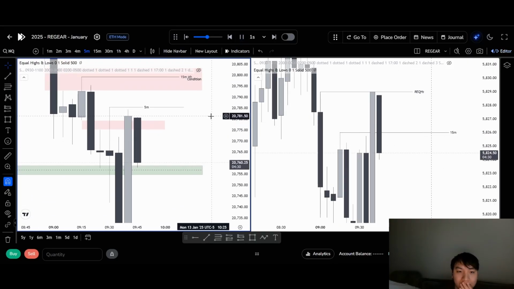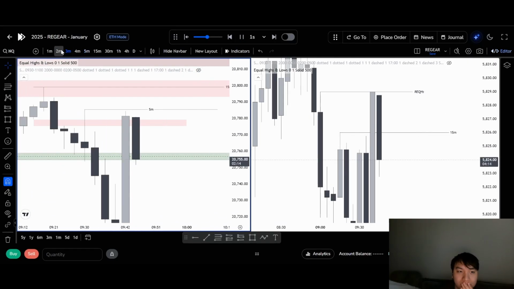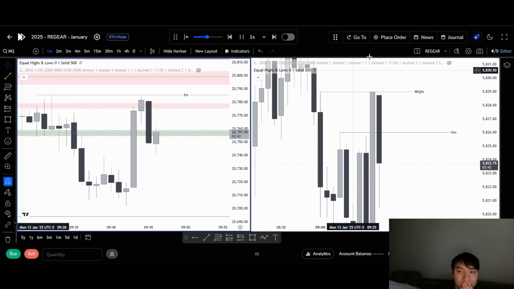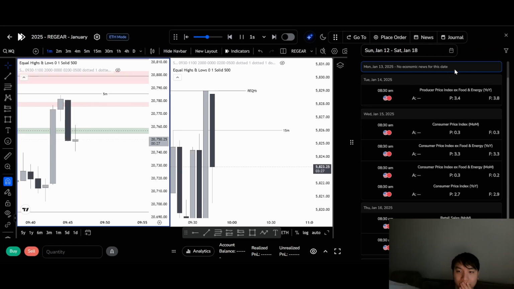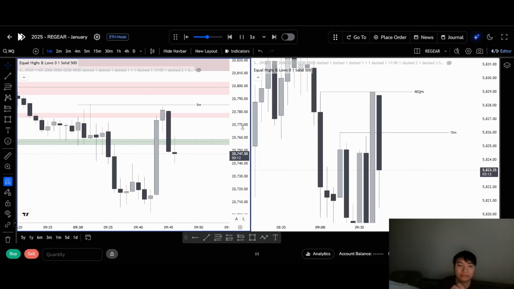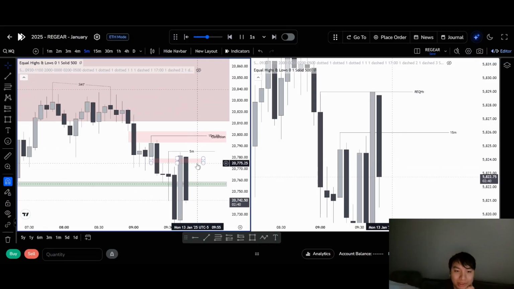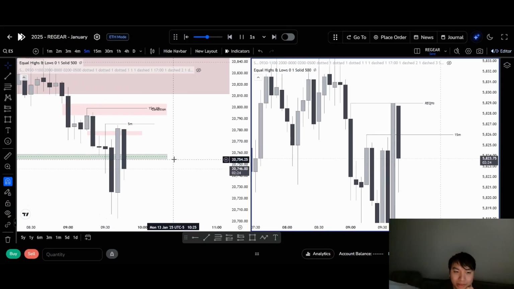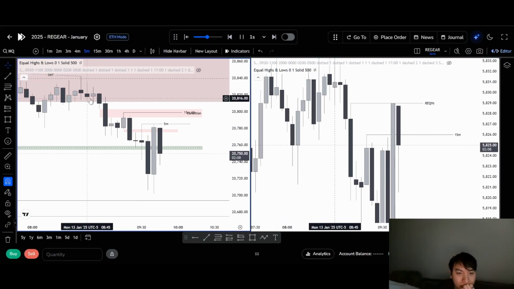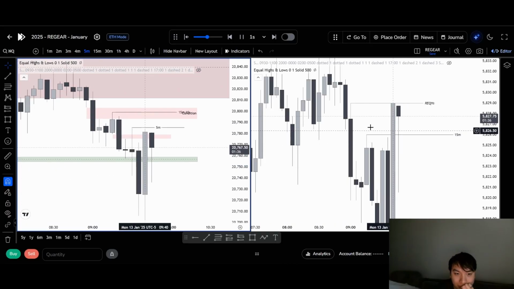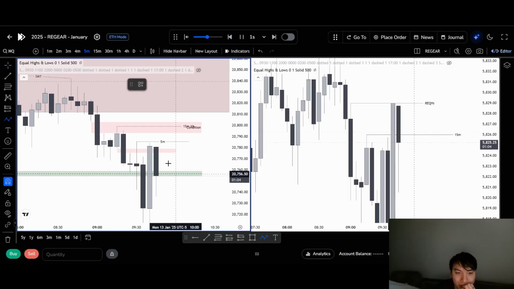Let's see. We have news today? No. It's just really bad price action. Wow, we're just not doing anything that I want to see. Even if this sweeps, I'd love price to just come up.